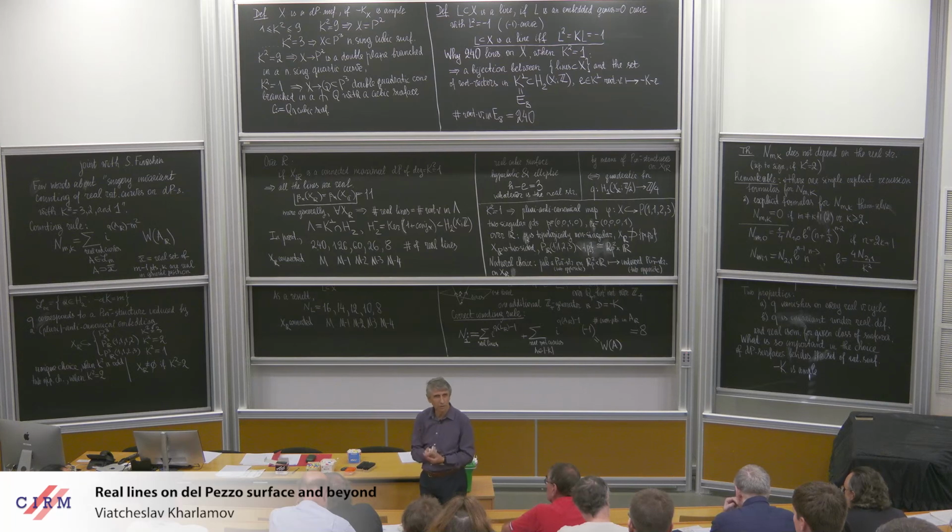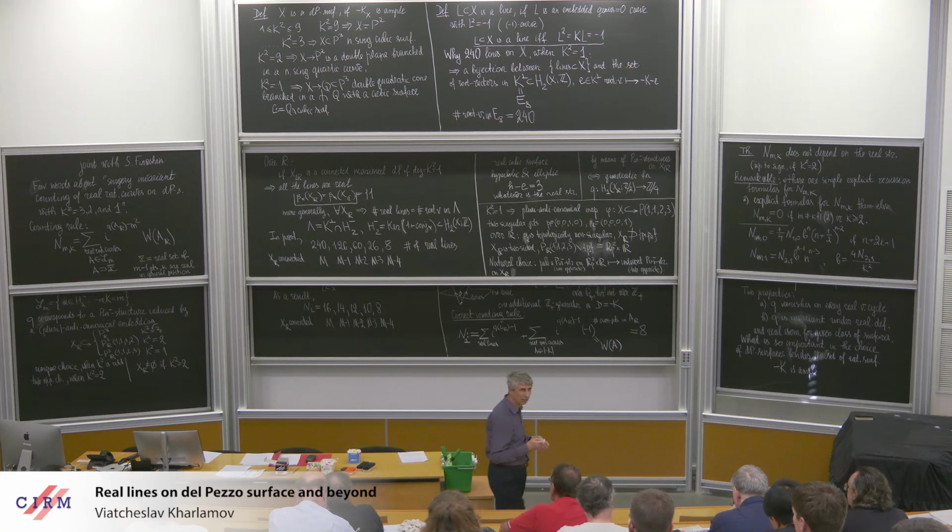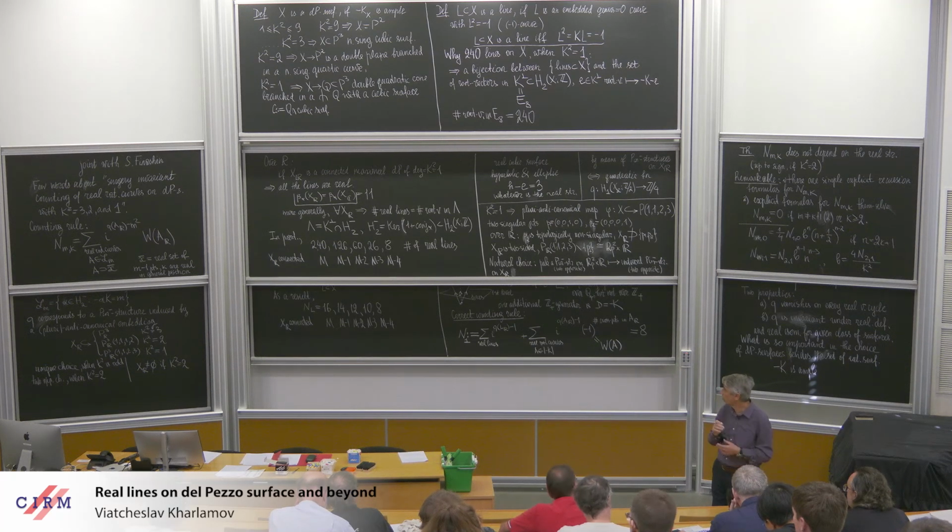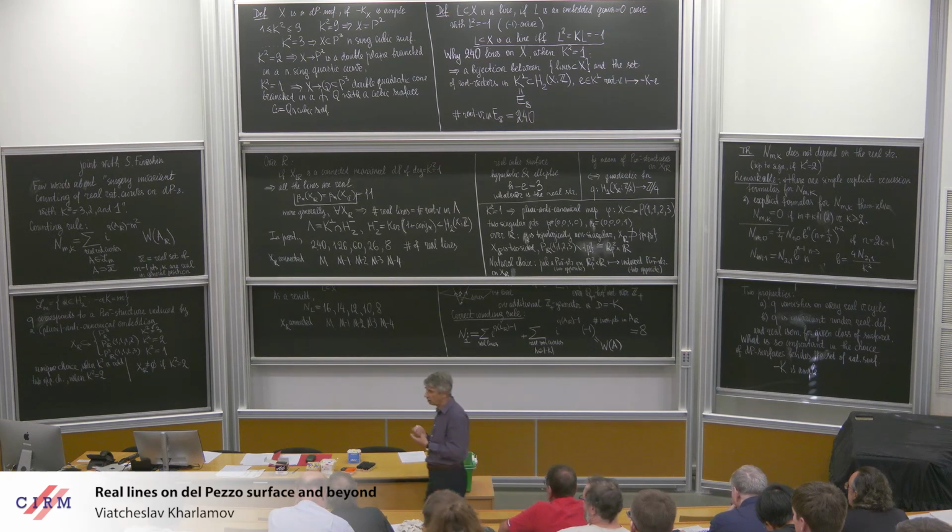And I believe that with a good choice, which we have in mind, this not only will be finite, but will give such a strong surgery invariance of counting. I think I should stop here. Thank you very much.